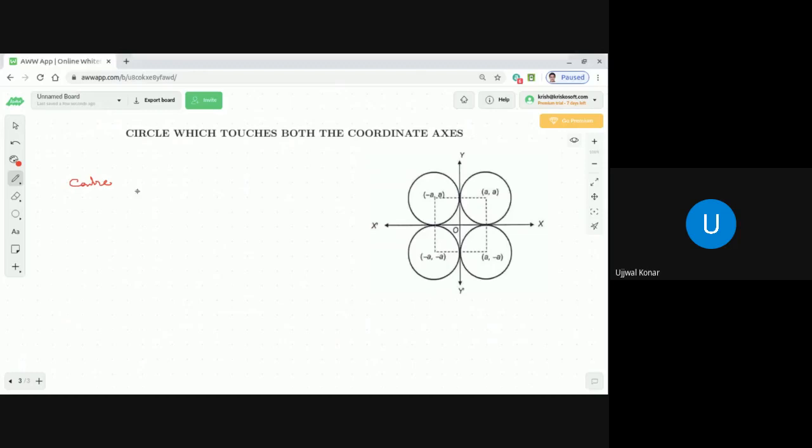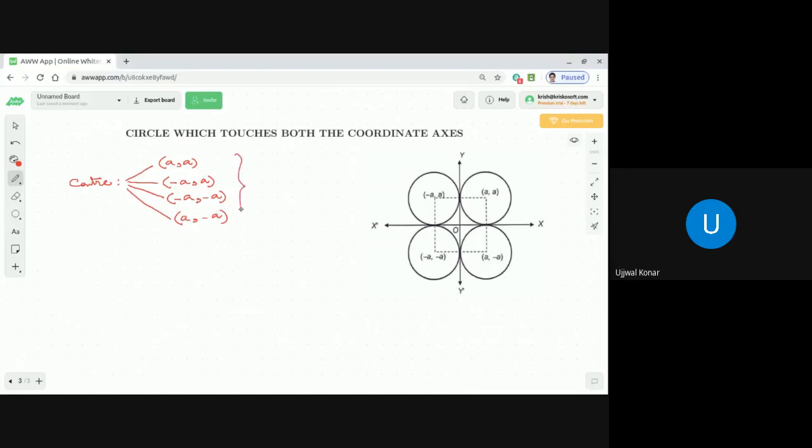If you see, the coordinates of the center could be either (a, a), or (-a, a), or (-a, -a), or (a, -a). Any of these four combinations is possible.